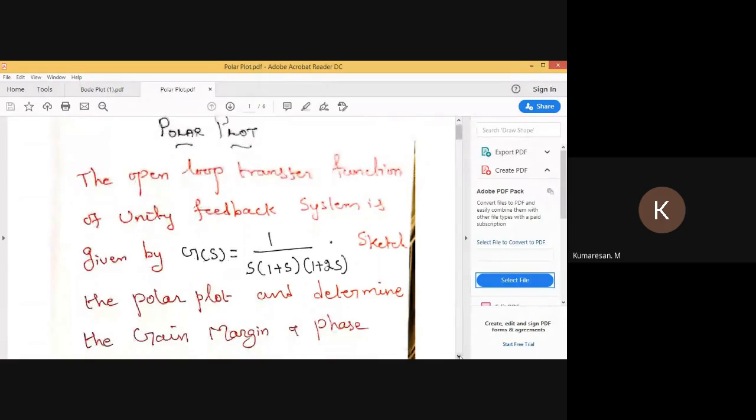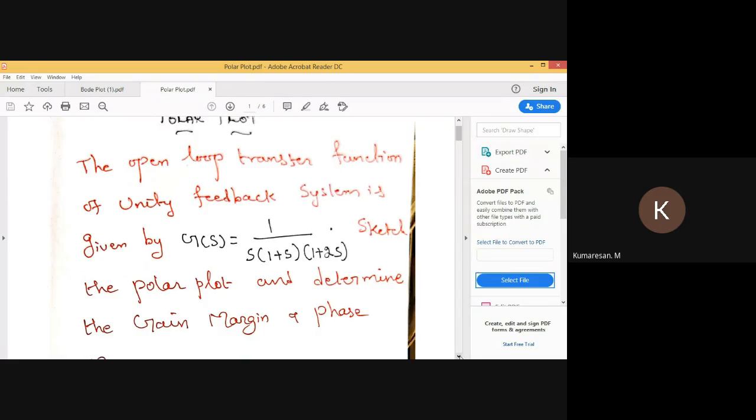The open loop transfer function of a unity feedback system is given by G(s) equal to 1 divided by s into (1 plus s) into (1 plus 2s). Already we know that G(s) is nothing but the open loop transfer function.